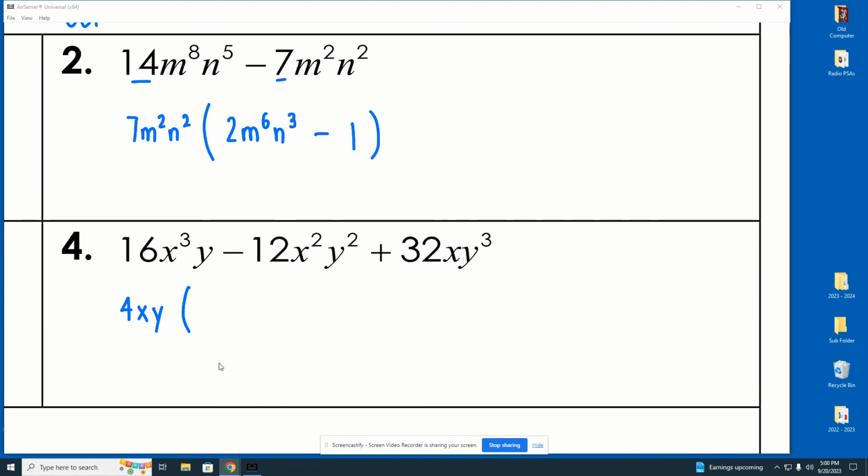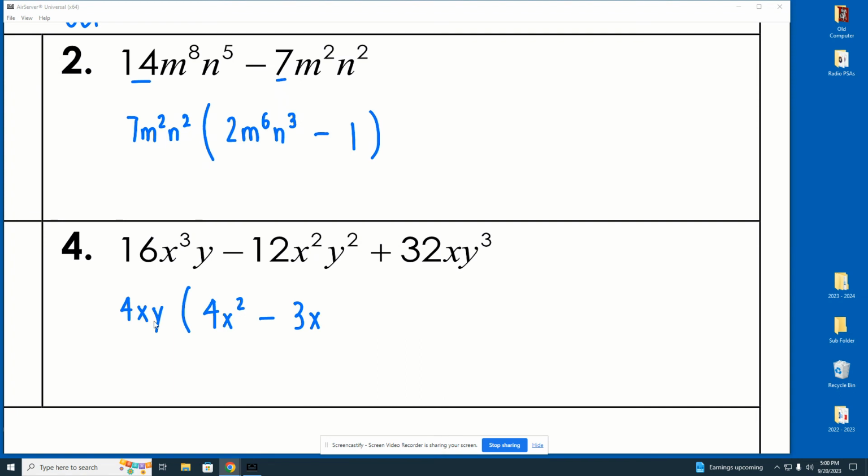16 divided by 4, 4. X cubed divided by x to the 1st is x squared. And y divided by y will cancel. Moving along. Negative 12 divided by 4, negative 3. X squared divided by x is just x.